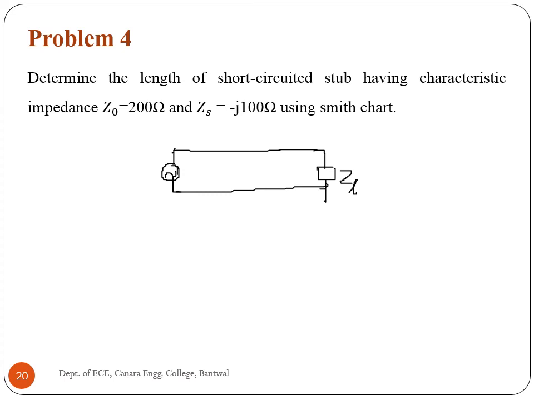This is a short circuit point. The distance between the short circuit point and the generator is the length of the transmission line. So the length of the transmission line we can find out using the Smith chart.